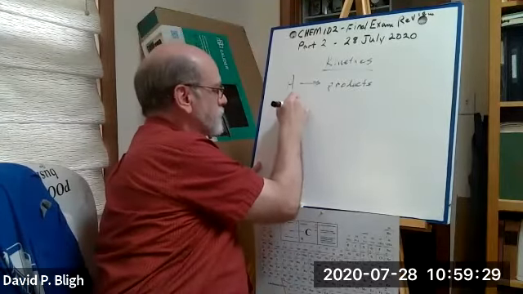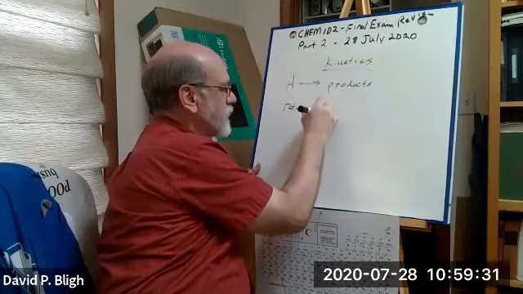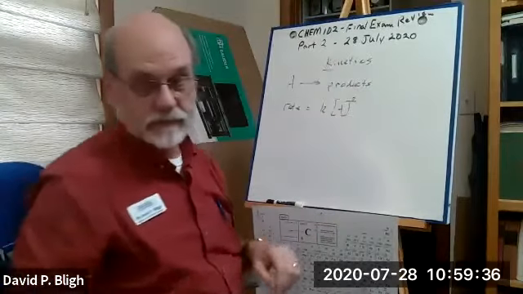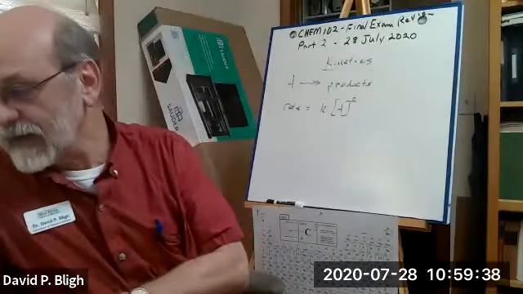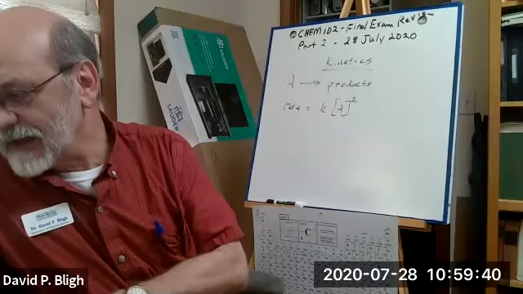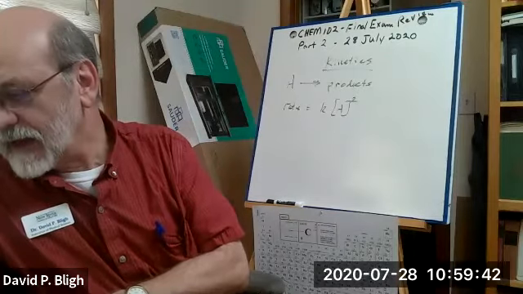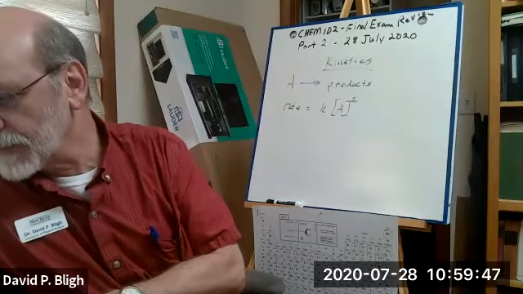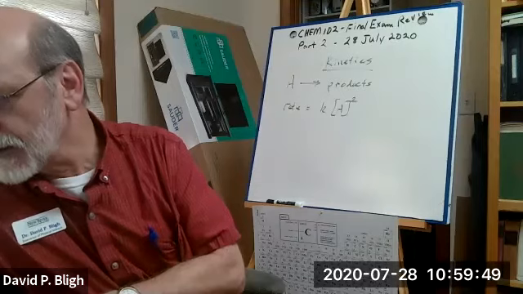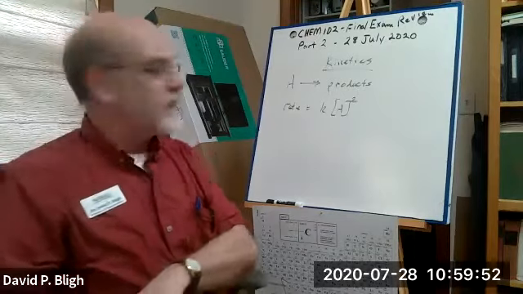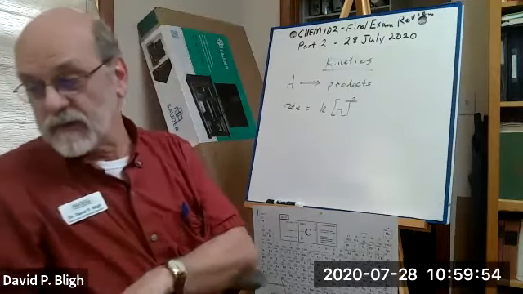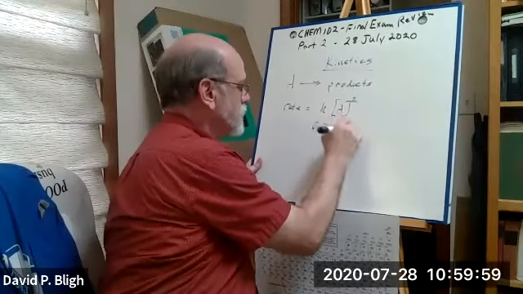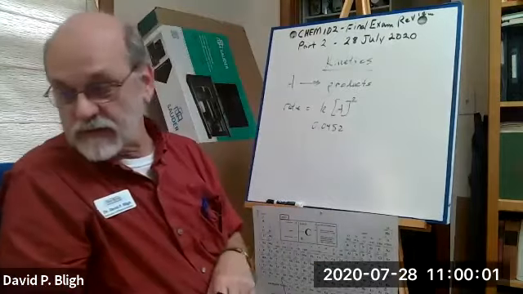So the rate is equal to our K value times A to the second power. Second order. And we're given the rate constant, 0.0482. 0.0482 is our rate constant.